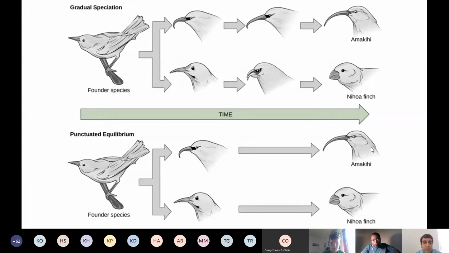Maybe something happened in the environment that selected that larger beak as more advantageous. Then suddenly you don't see any of those intermediary species because they couldn't survive, they all died. Only the ones with that trait that was favorable survived and reproduced. So it wasn't gradual. It happened quickly. That doesn't mean that gradualism doesn't happen. It just means that these are two different types of things that can happen.